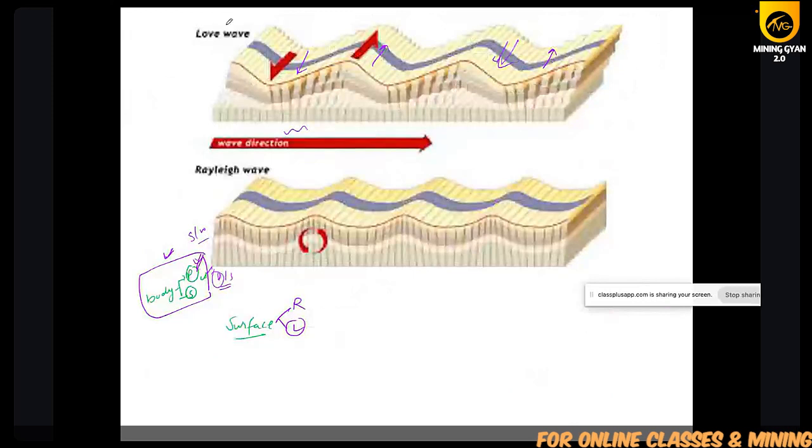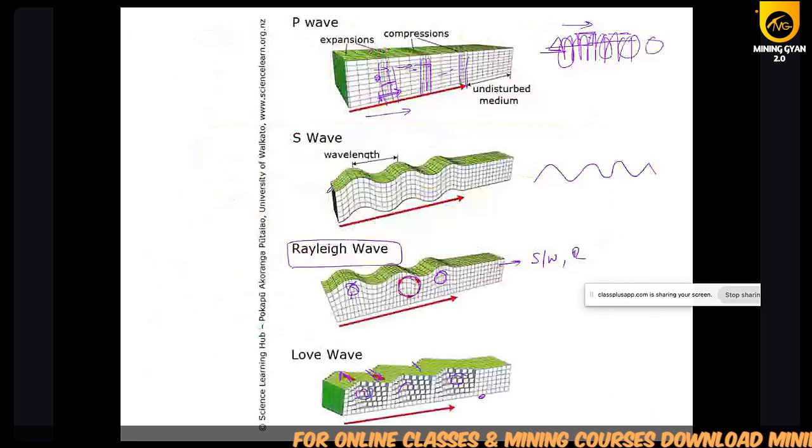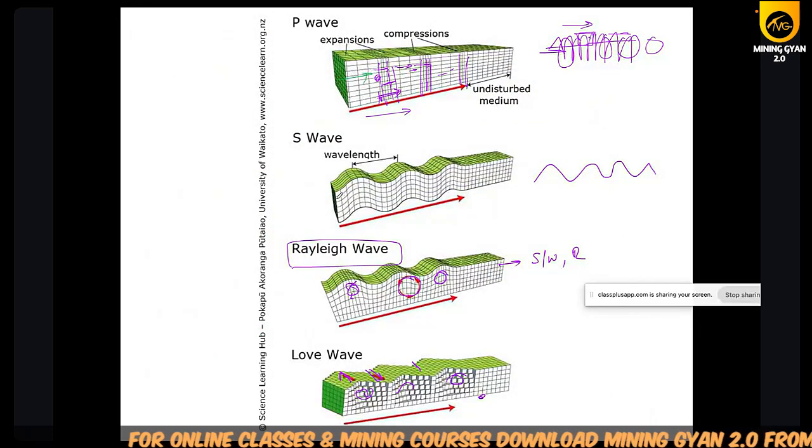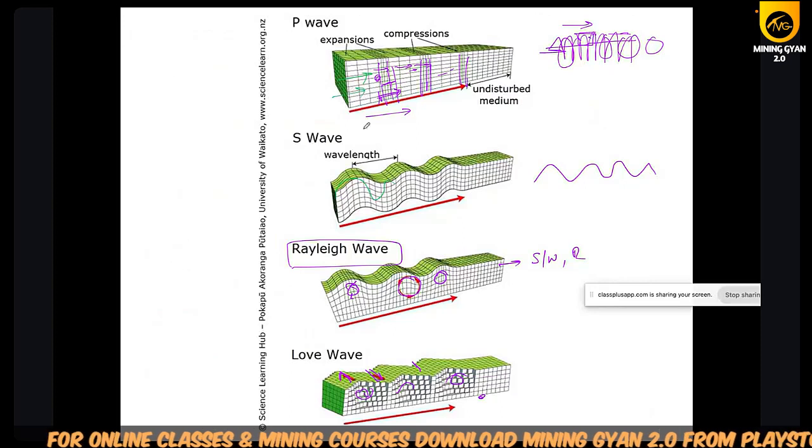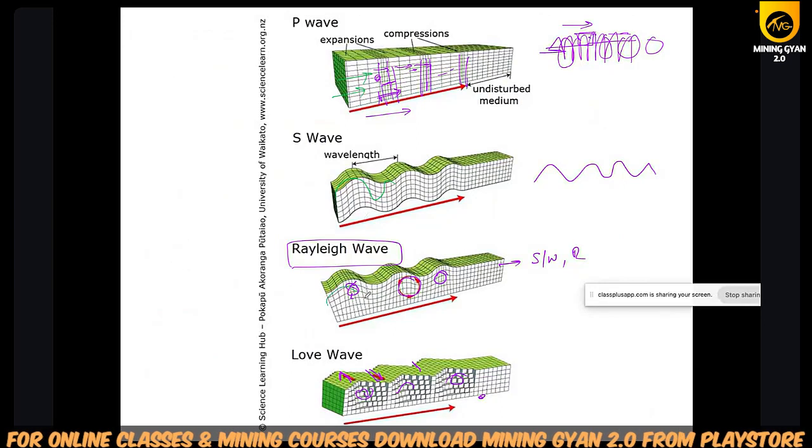This is the diagram of the Love wave and the Rayleigh wave. This is the P wave, longitudinal, and the S wave, sinusoidal. This is the Rayleigh wave, that means circular motion, and this is the Love wave, which will be in this direction.